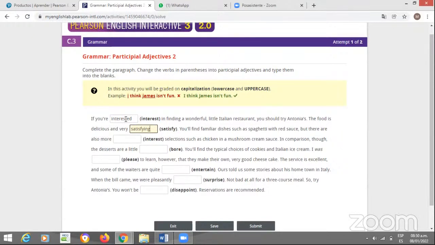Yes, it depends, right? What is the thing that we're talking about? You could use -ed or -ing.